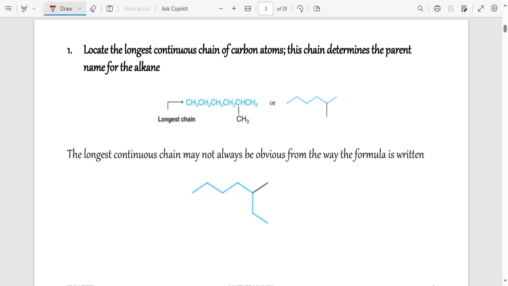It shouldn't just be the longest chain, it should be continuous. That is one of the most important things. For example, in this one you can see 1, 2, 3, 4, 5, 6. I could have also gone down, and it would still have given me a 6.